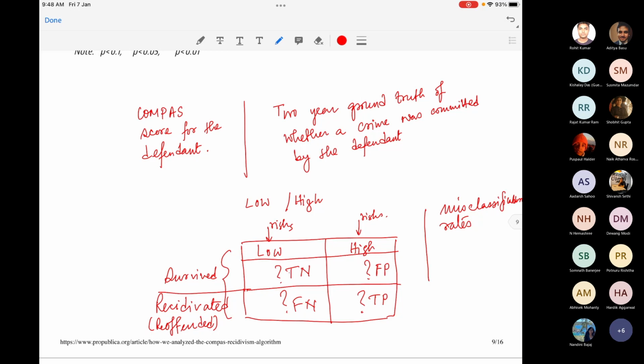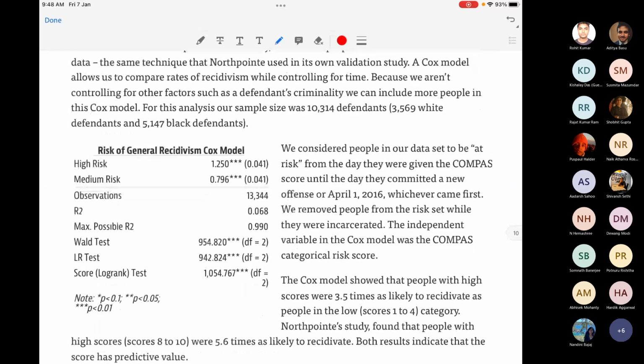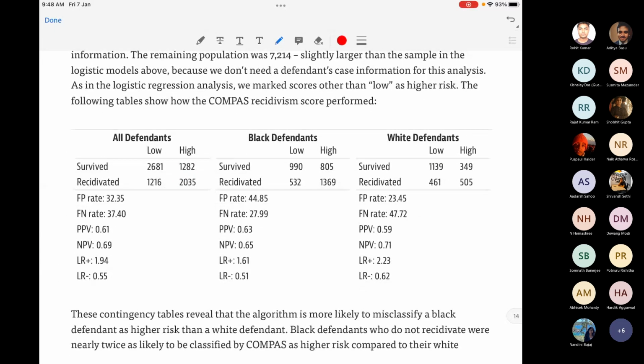But you should not convict a person who is guiltless. So that's why the misclassification rate is more important than the classification rates. With this objective, the authors tried to study the misclassification rates on the whole data, that is all defendants, black defendants, and white defendants separately.